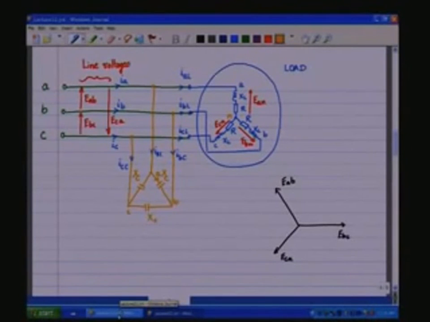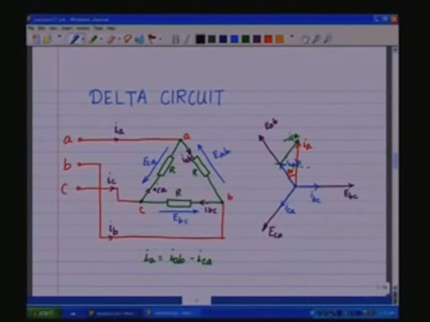If you want to recall, if I put back the delta network circuit which we discussed in the last session, we have IA, IB, IC, and then the currents inside the phase circuit. You see that the phase current is in phase with the line voltage, and the line current is lagging EAB by 30 degrees, if it had been resistive.